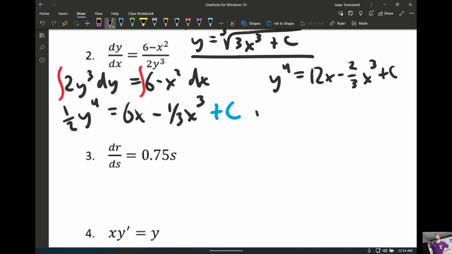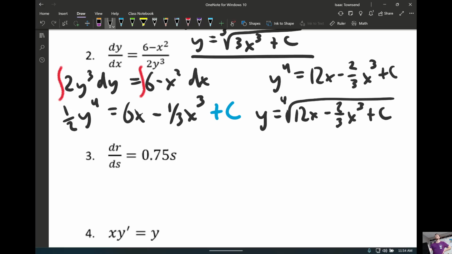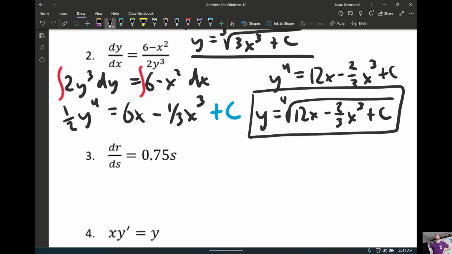And to get rid of the fourth, we could take the fourth root. So, what we're finding here, this equation has this as a derivative. Separate, integrate, solve for y equals.